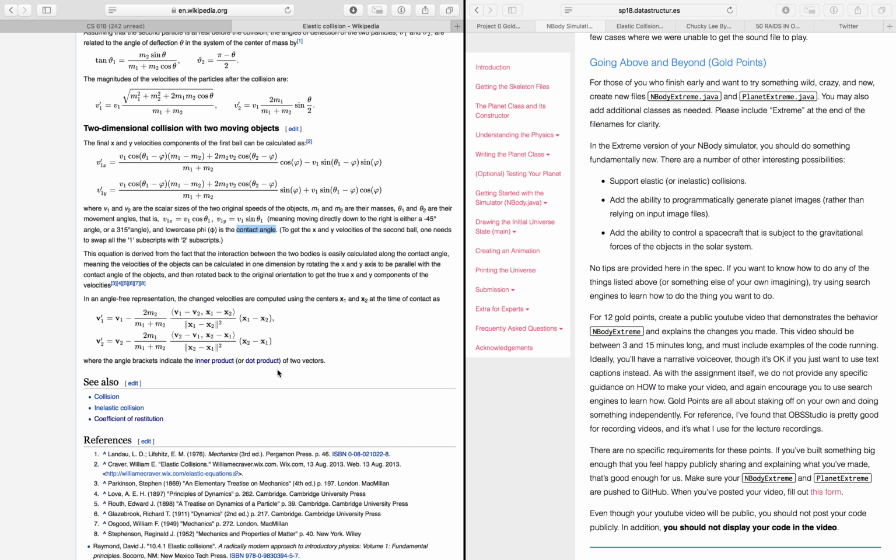That doesn't make any sense to me. So what I ended up doing is I assigned a fake radius to all of the planets just to avoid the case of two planets ever being precisely in the same position. And once I did that, it seemed to work.